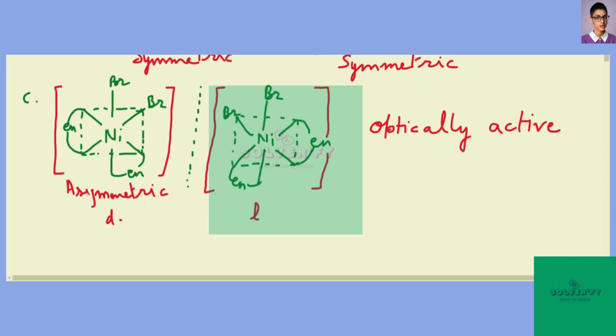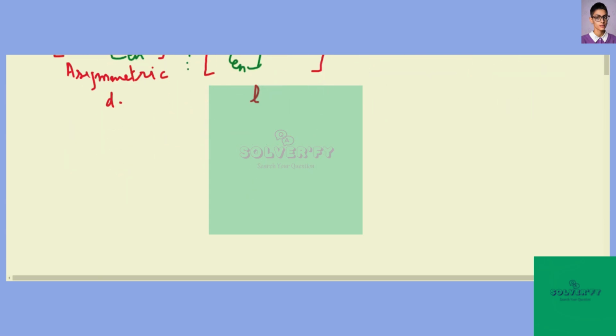Now come to D molecule. D molecule is given here. It is the cobalt complex which is tetrahedral.